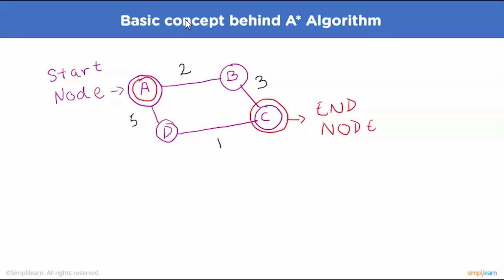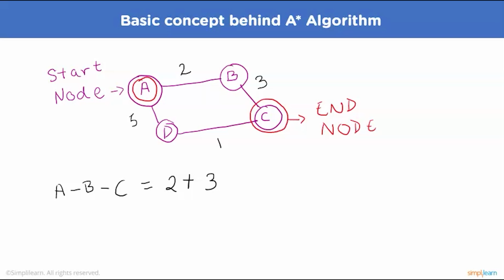So this helps us in finding out which paths we should be taking when we're traversing from one node to the other. Now in this case, let's look at the different possible paths we can take to reach C. The first option is that we go from A to B, and this will give us a cost of 2. And then from B, we go to C, which will give us a cost of 3.